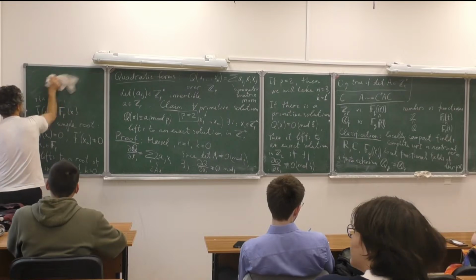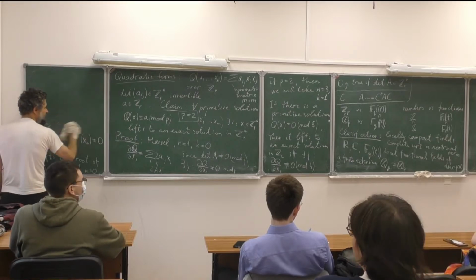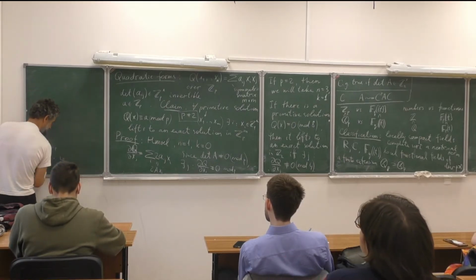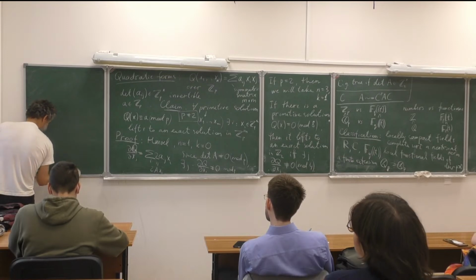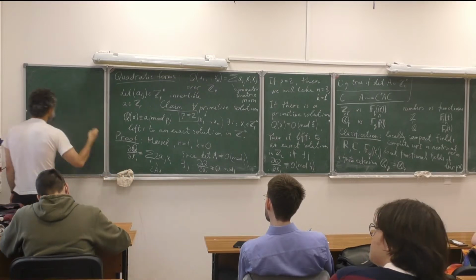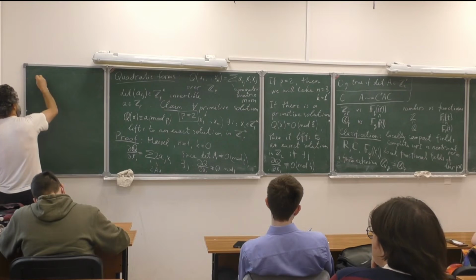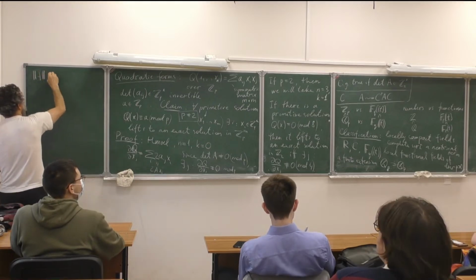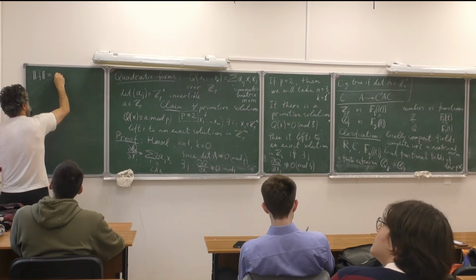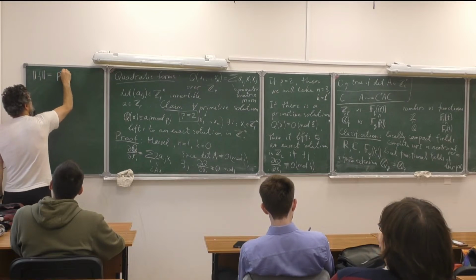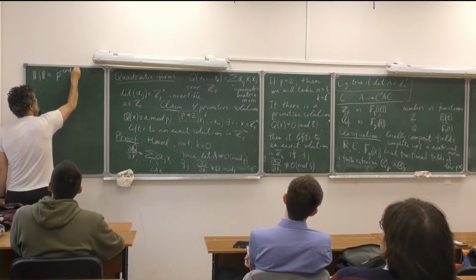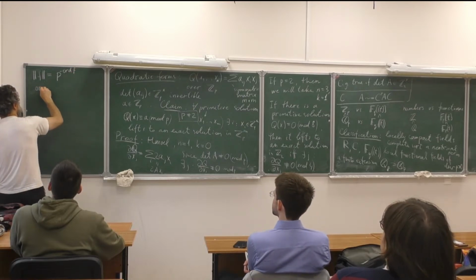So the norm in the non-Archimedean case is always p to the negative valuation. The norm of a series, for example f, is p to the negative order of f. And the question is, what is the order of f?